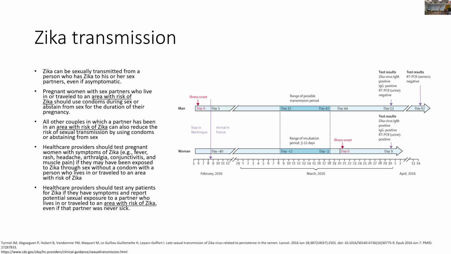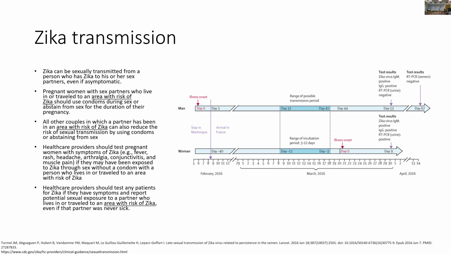And then with regards to the sexual transmission, this is something that the CDC spends a lot of time discussing on their website. It can be sexually transmitted from a partner to a woman, even if her partner is asymptomatic. The figure on the right is a diagram from a famous study that first demonstrated the sexual transmission of Zika virus.